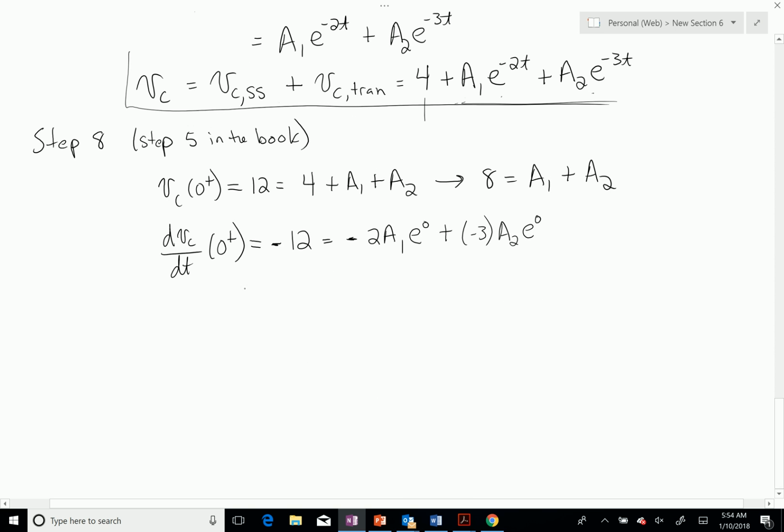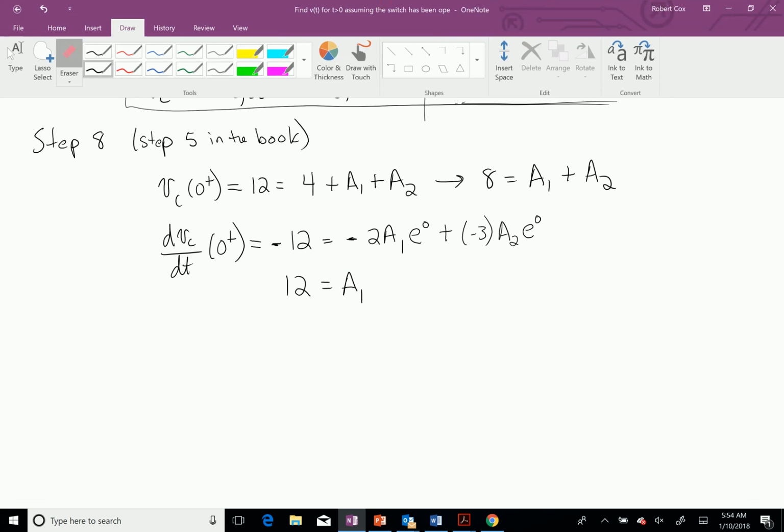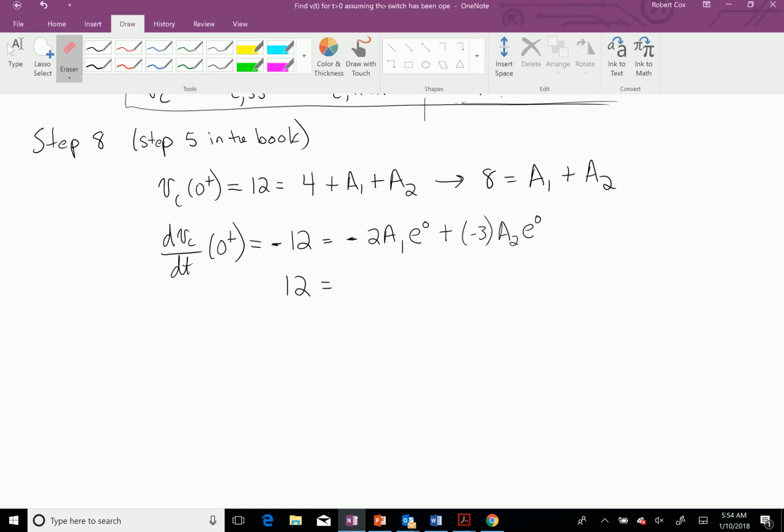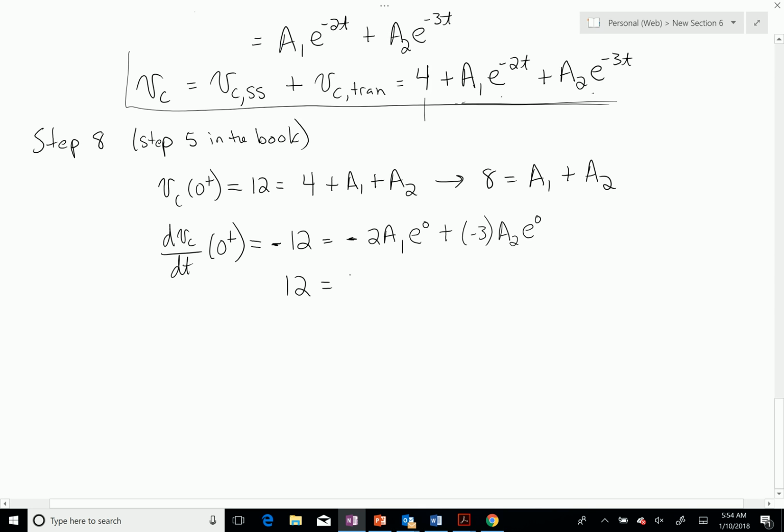Since I've got minus signs around, I basically have 12 equals, be careful about that, 12 equals 2A1 plus 3A2. So I've got two equations and two unknowns.